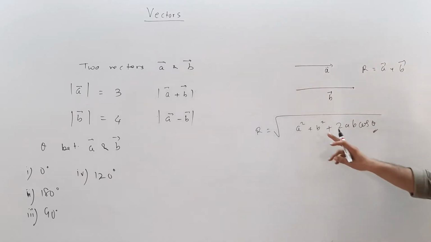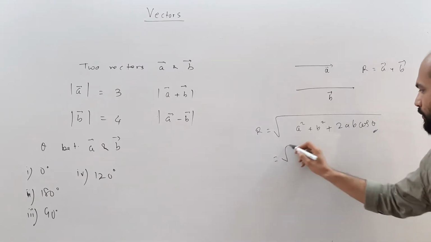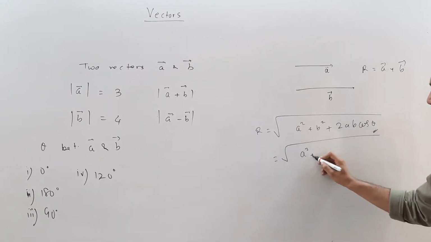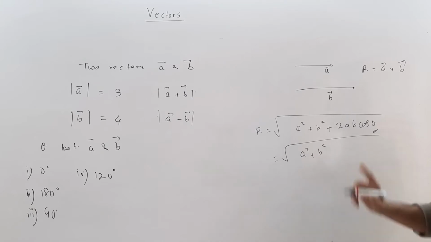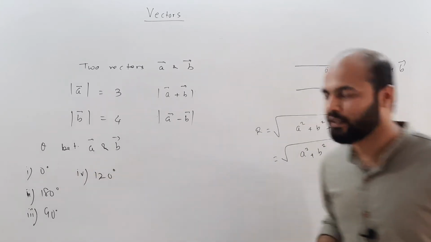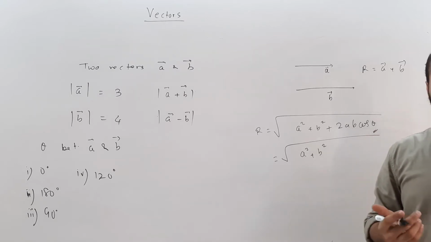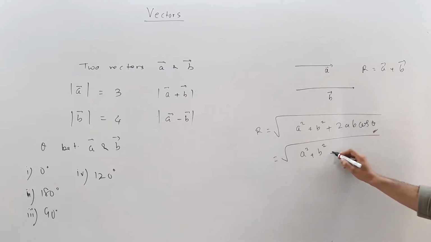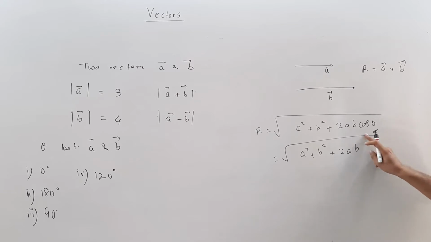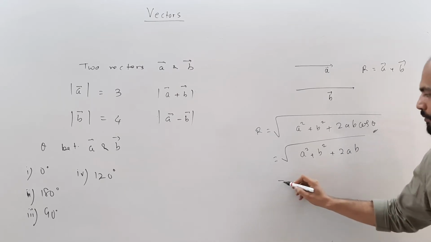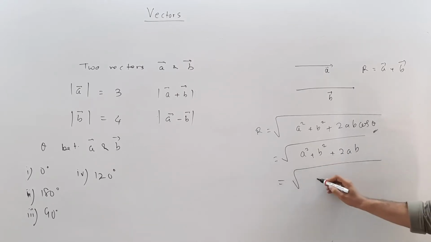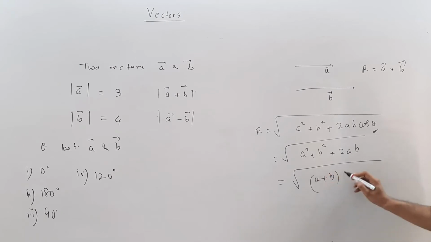So in this case, let's rewrite this expression now: A square plus B square, and the first time the angle is 0, so 2AB cos 0. We know that cos 0 is 1, so this is going to be 2AB. And then this is actually the root of A plus B the whole square.